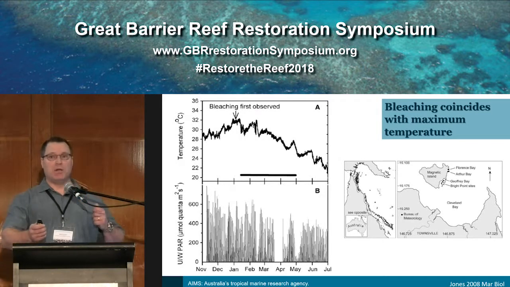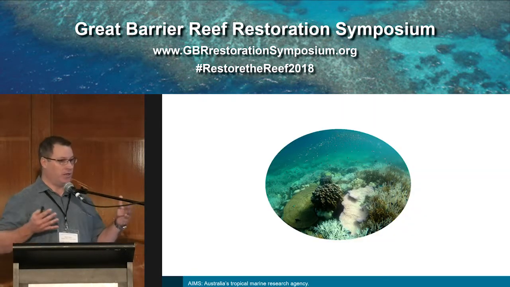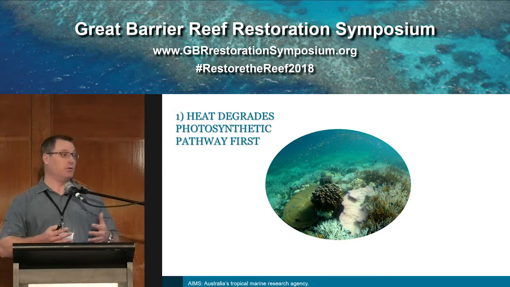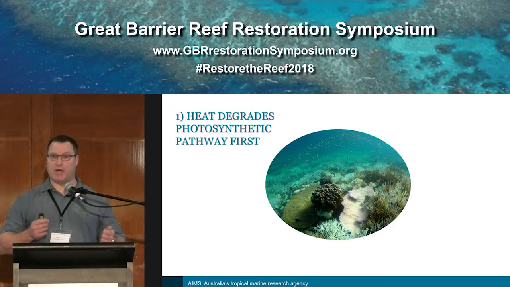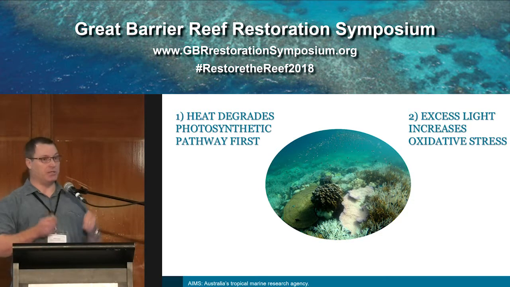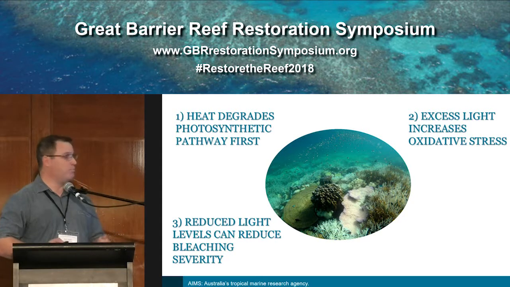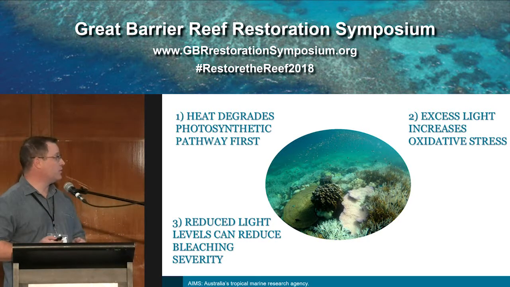So this solidifies the fact that, yes, light and temperature interact, but temperature is the main feature driving the bleaching response. Corals can deal with high light. They have non-photochemical quenching systems that can deal with high light. But when the photosynthetic productivity is impacted by heat, this leads to the bleaching response.